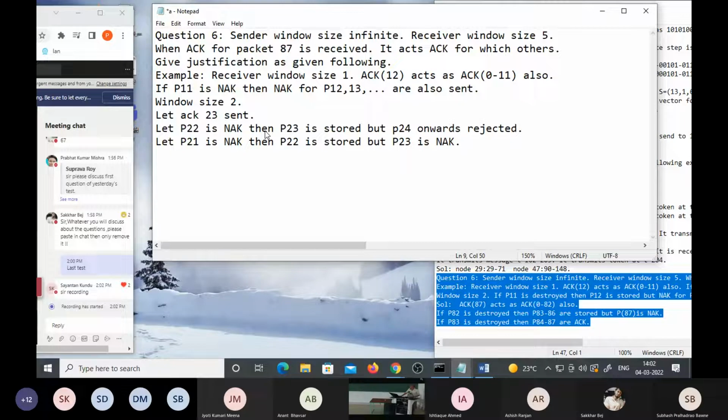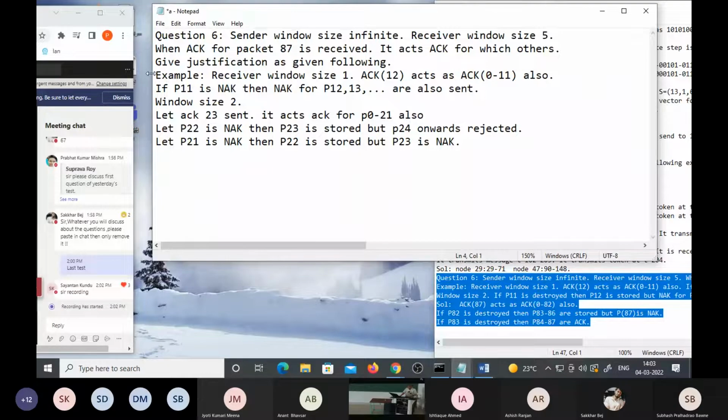Now you see, P23 cannot be ACK if P21 is lost. So let the ACK sent be for P0 to 21 also. Is this all right to you?